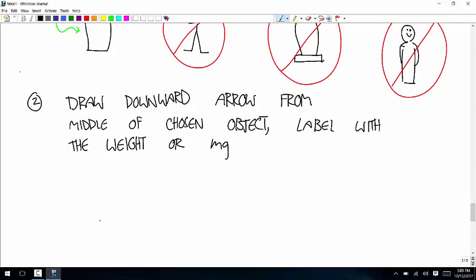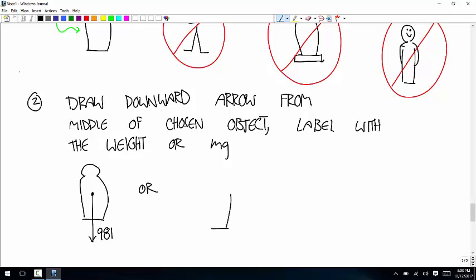But so, for example, if this is the object, that's the force vector applied by gravity.